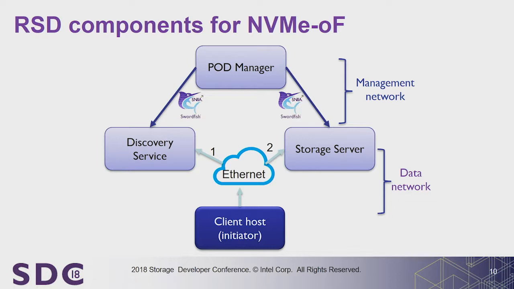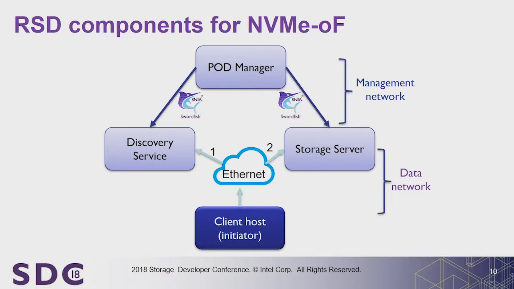And this volume is assigned a specific network qualified name, which in the world of NVMe over Fabric is the main identifier. This NQN, and also the pod manager tells the storage server, hey, for this NQN, the only host that is allowed to contact is this one, and it describes the host of the compute server by its own unique NQN, which is based on UUID.